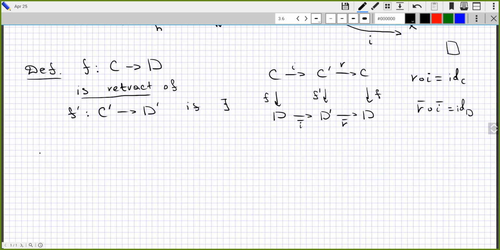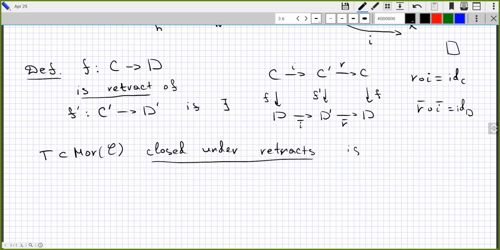Well, then we say also that a collection of morphisms of a category is closed under retracts if the middle one living in our collection implies that the second one is also.